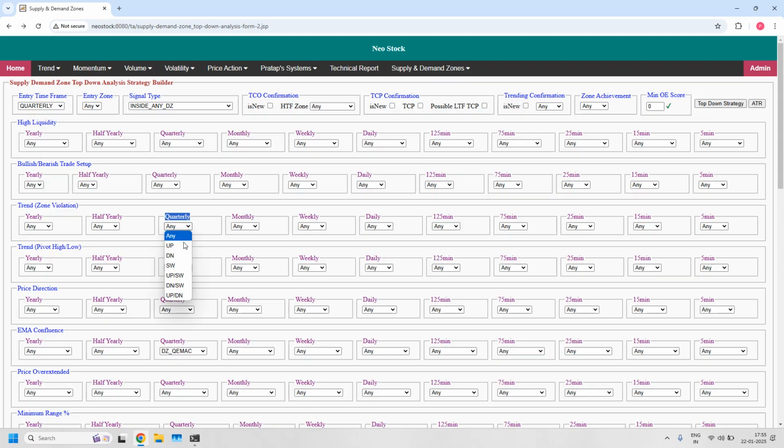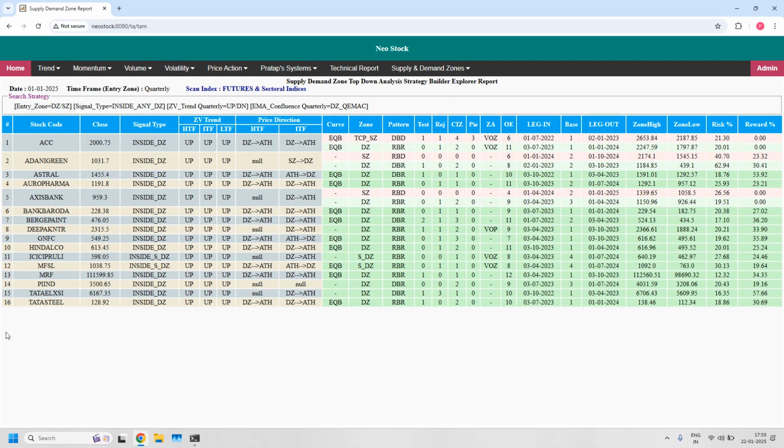That's why I'm selecting the trend as up or down. Let's filter. See, now the list has come down to 16 from 27 stocks. All these 16 stocks have a quarterly demand zone, have quarterly EMA Confluence, and the present price closed inside the quarterly demand zone.